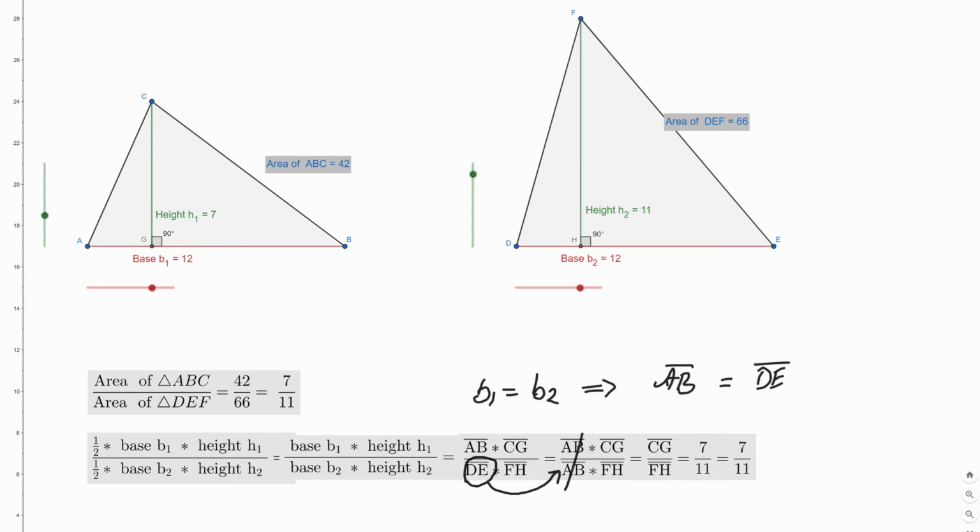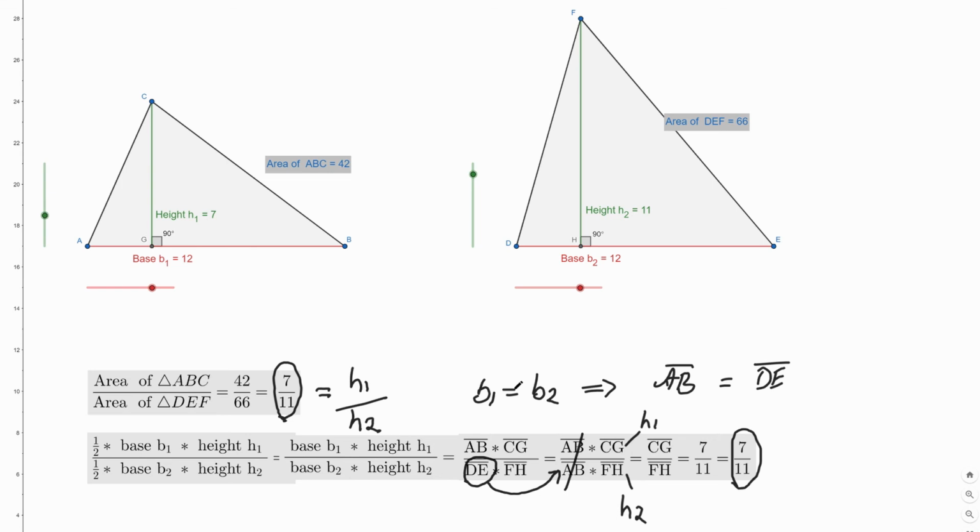And now I cancel these two. So what I got is CG upon FH. Now CG is height 1 and FH is height 2. Now if you look at the result, 7 upon 11, it is the same as this result, which means this ratio is equal to h1 upon h2.